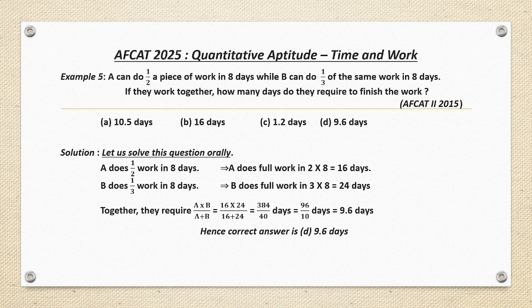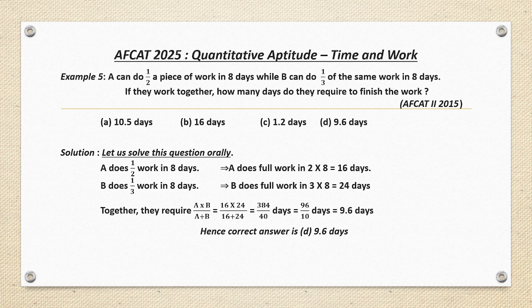So we have got the formula A into B whole divided by A plus B. So that gives us 16 into 24 whole divided by 16 plus 24. So that is 384 divided by 40 days. So it is 96 by 10, 9.6 days. So the correct answer is option D, 9.6 days.